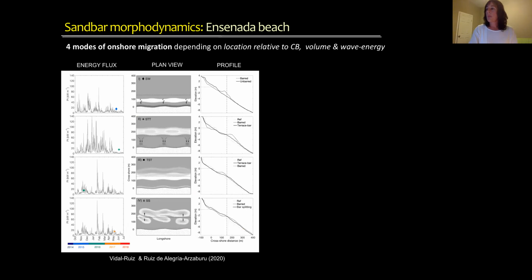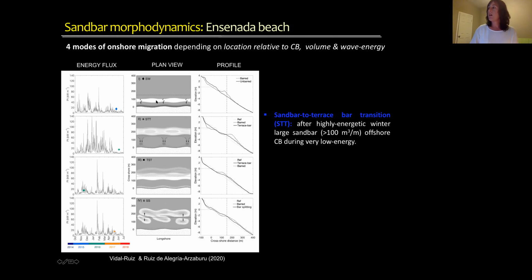We published a paper this year, and we summarized 4 modes of onshore migration for the sandbar, depending on the location of the sandbar relative to this cross-shore boundary, on its volume, and the preceding wave energy. So if the sandbar is landward of the cross-shore boundary at the end of the winter, it can weld to the shoreline during the low energy conditions after a mild winter.